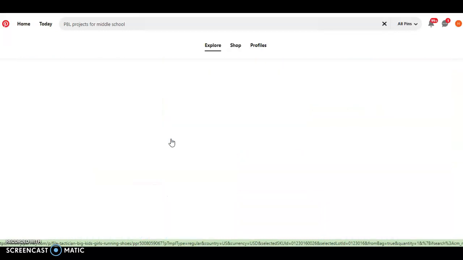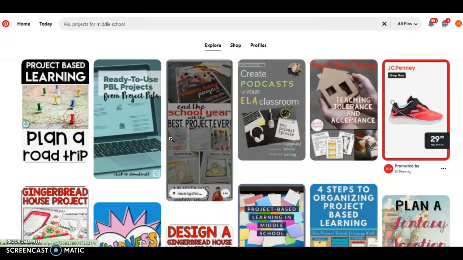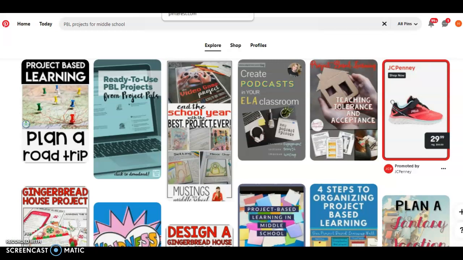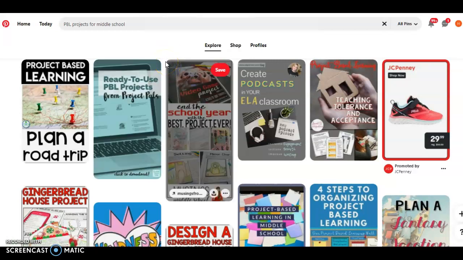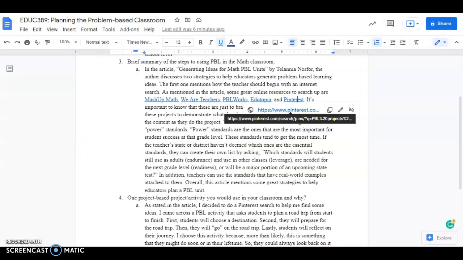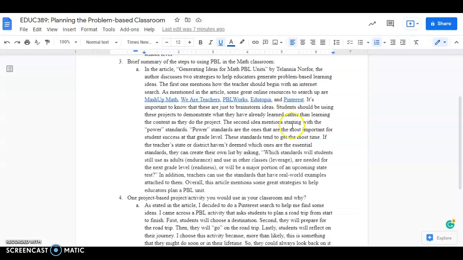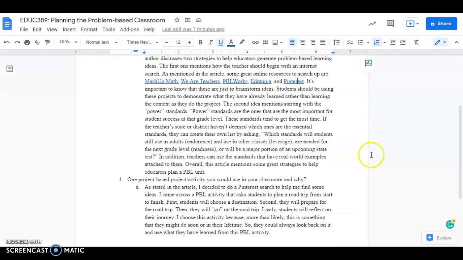It's really important that, even though you want problem-based learning projects or activities that meet the standards you are addressing, you still want to make sure it's at the interest level of your students. You don't want to be doing something that's boring for them. Make sure they will enjoy it. It's important to know that these are just brainstorm ideas.